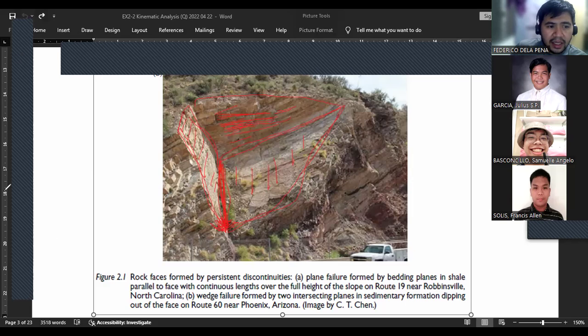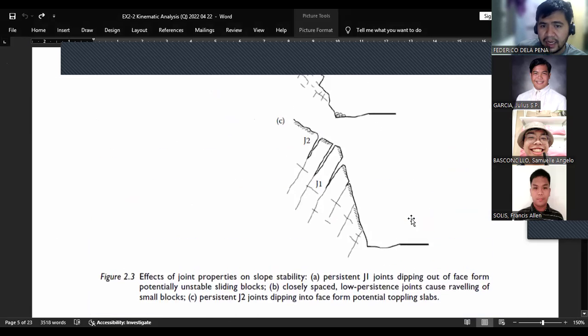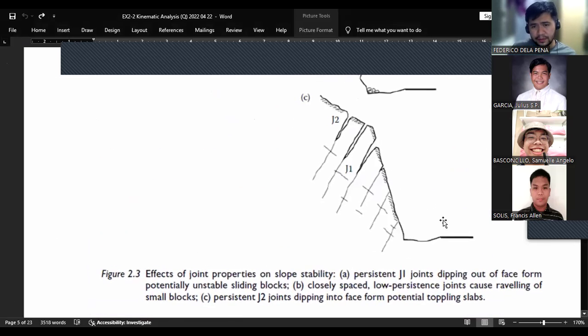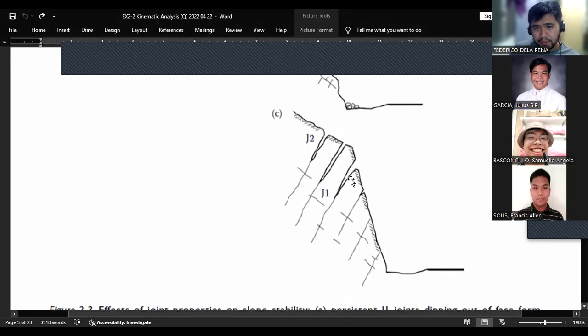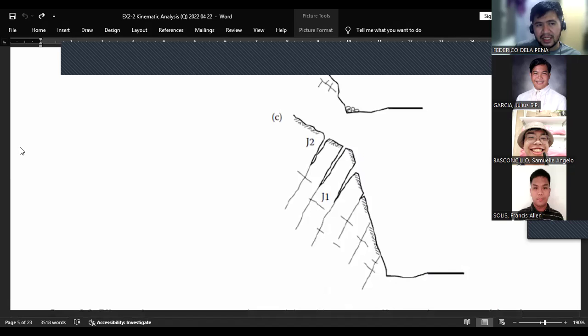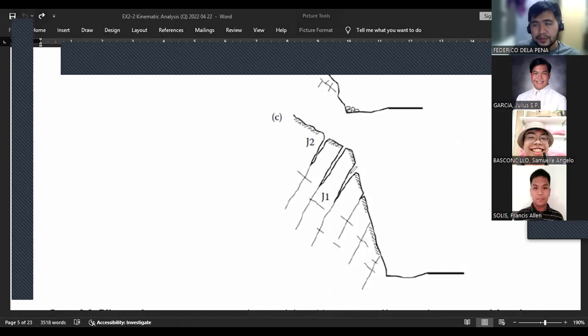And now let's talk about the third type of rock failure, which is toppling. Okay, sorry, I don't have a photo, but one of the most important characteristics of toppling is that you have a relatively steep rock slope and you have discontinuities that are actually dipping opposite of the face of the rock slope, right?